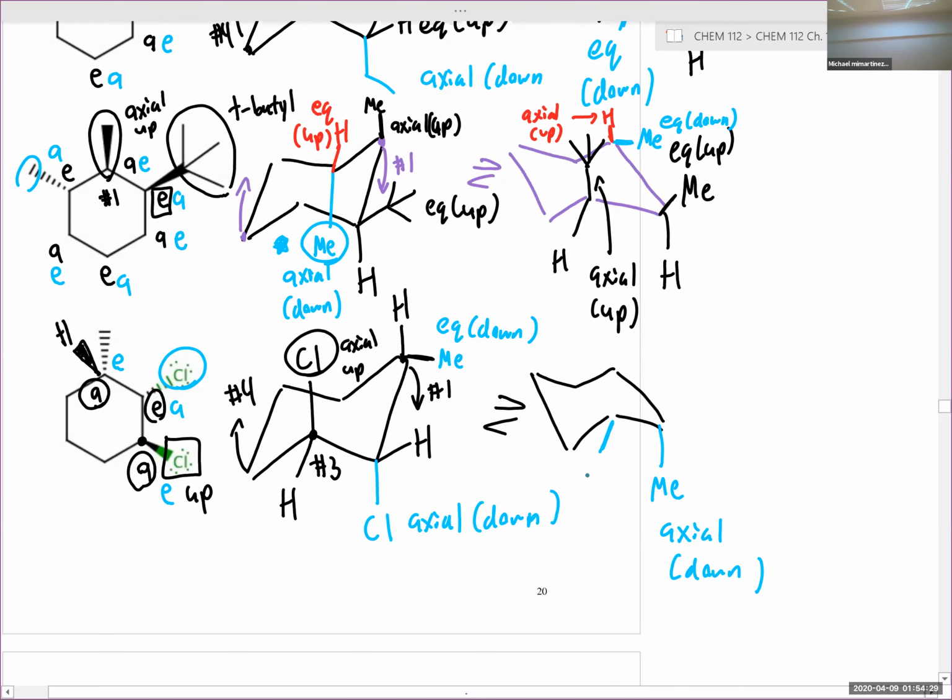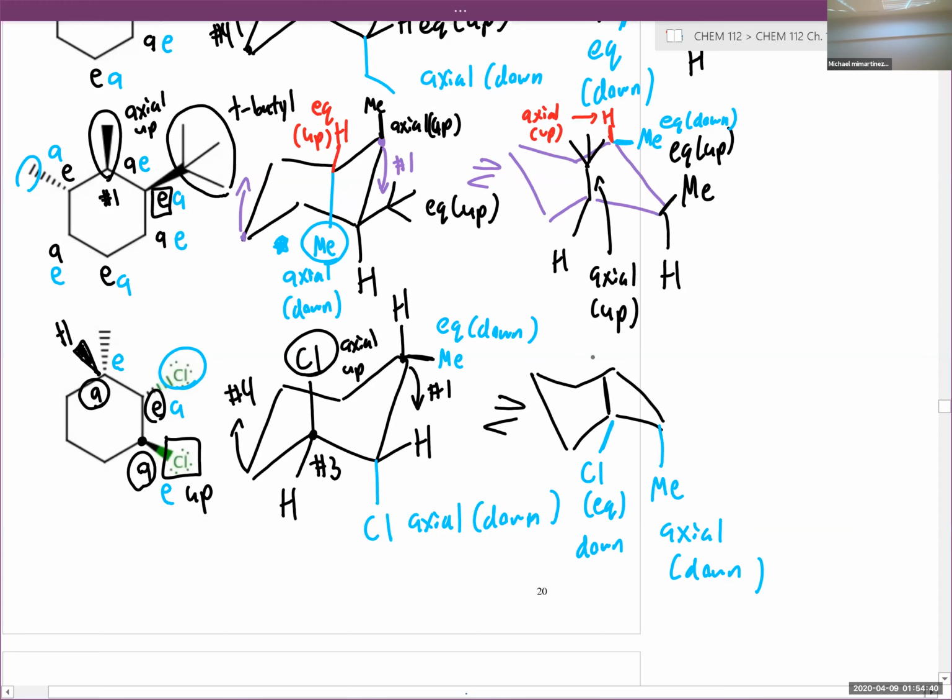And let's draw our hydrogen in the axial position, just so that everyone can see. And then finally, our chlorine, which was axial up, now turns into equatorial up with our hydrogen axial down.